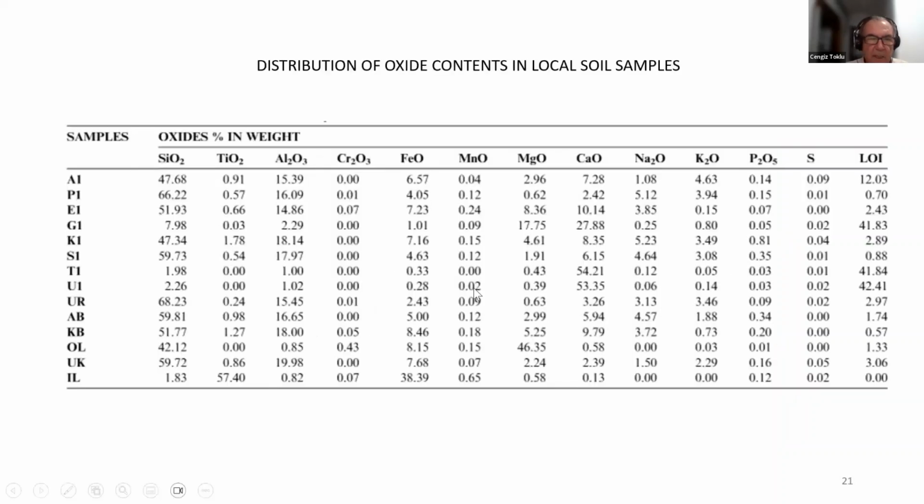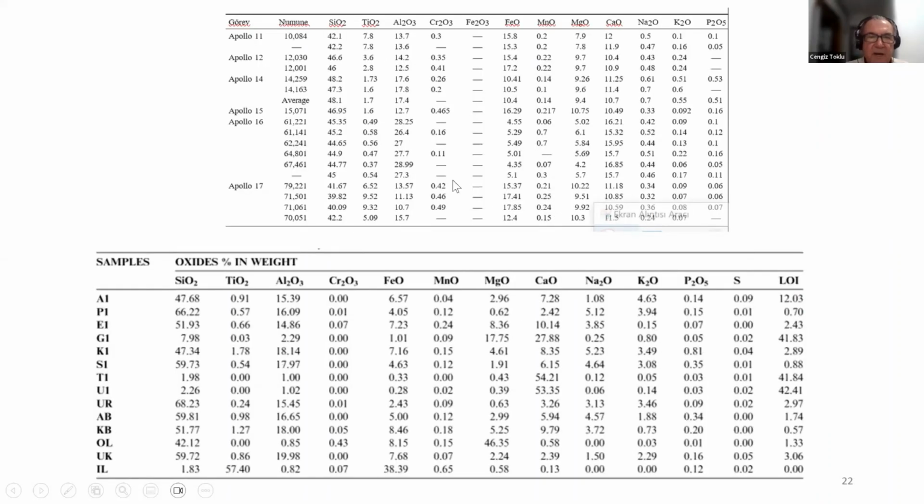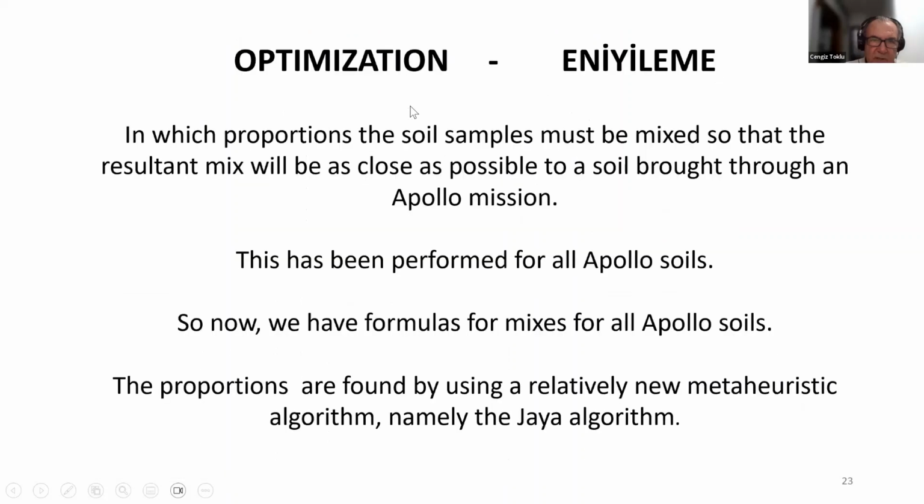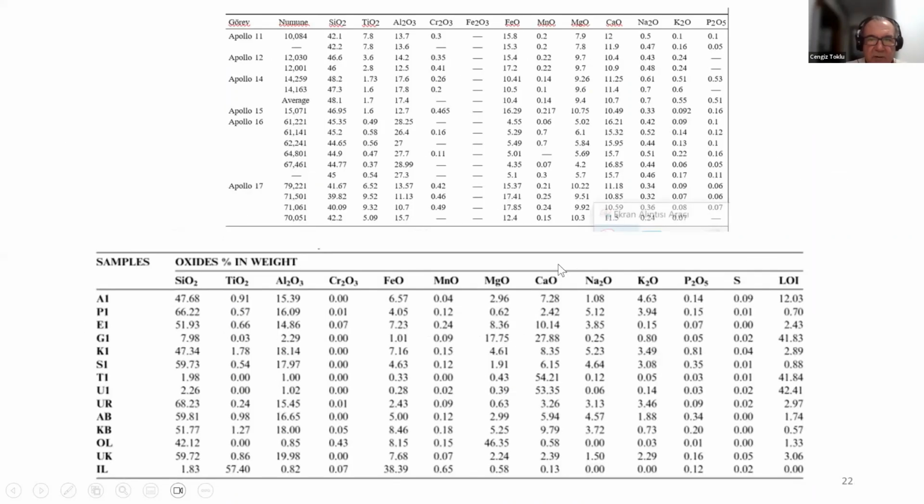So these are the chemical analysis of those samples. So you see that we have tried to find the same type of oxides in those materials. Now then, we had a table for the chemical composition of the lunar soils, and also we have a table for the materials taken which are in our hands.